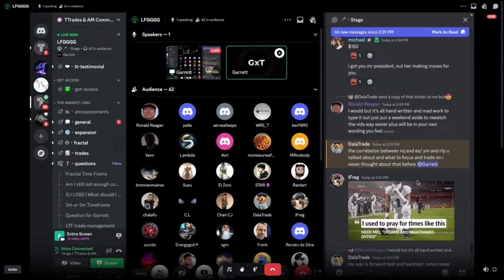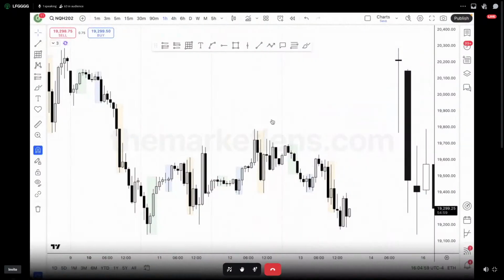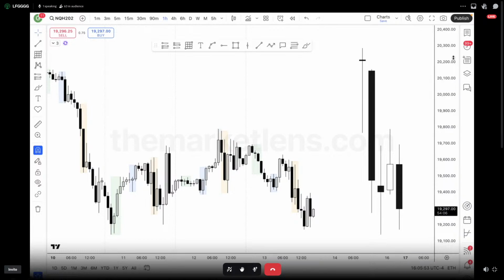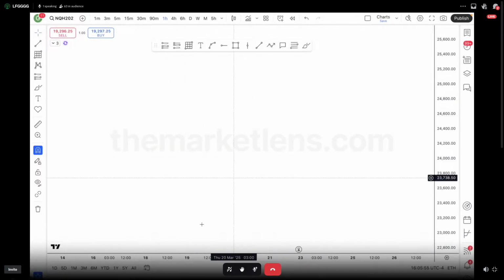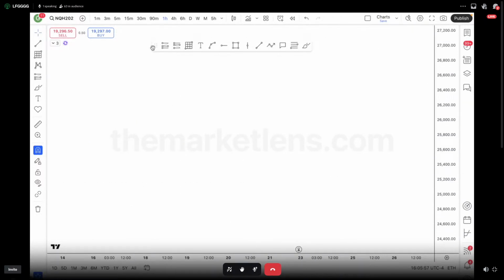There's additional stuff, let me show you. Let me try to make an example here. Let's say you have one asset super out of sync with another asset.